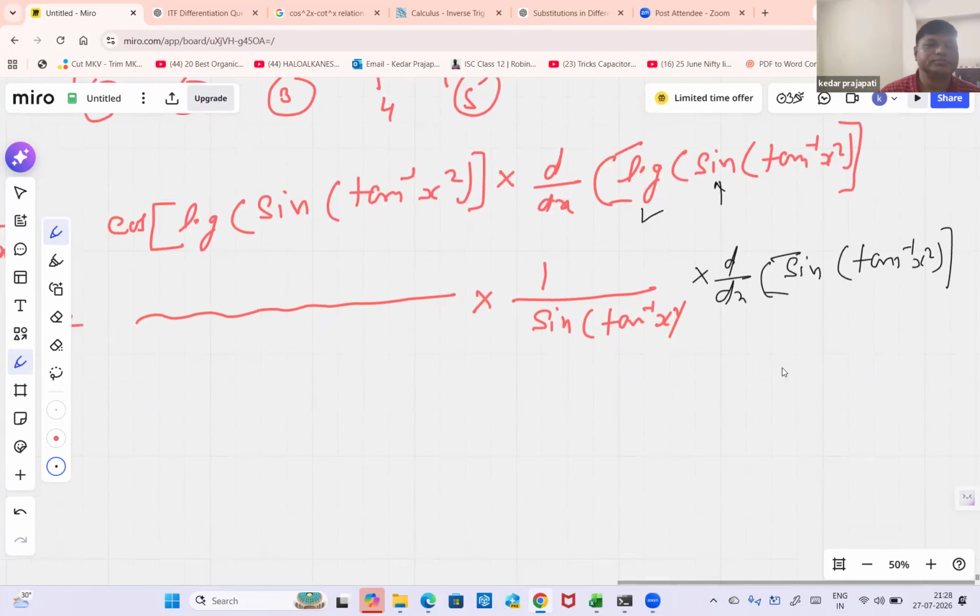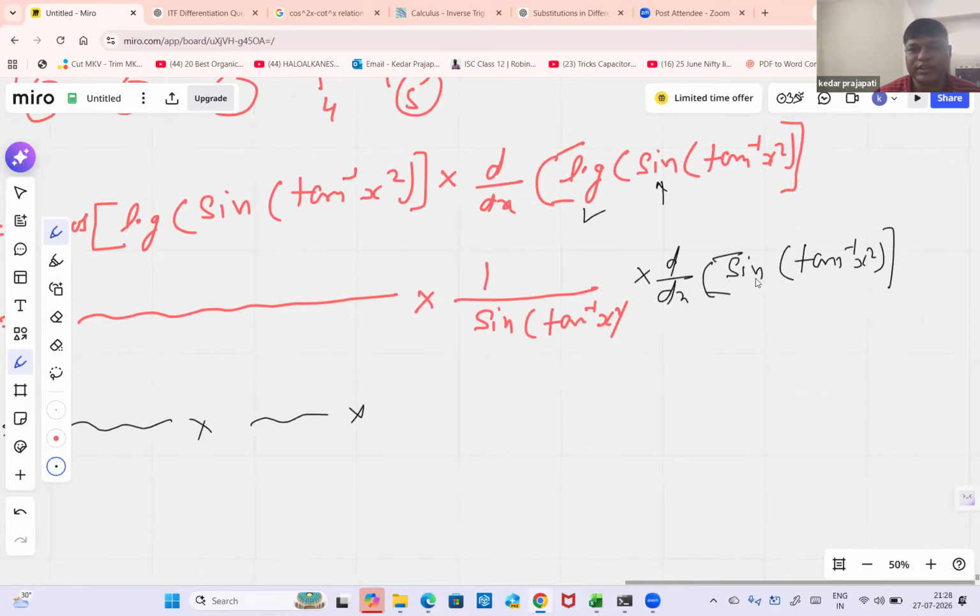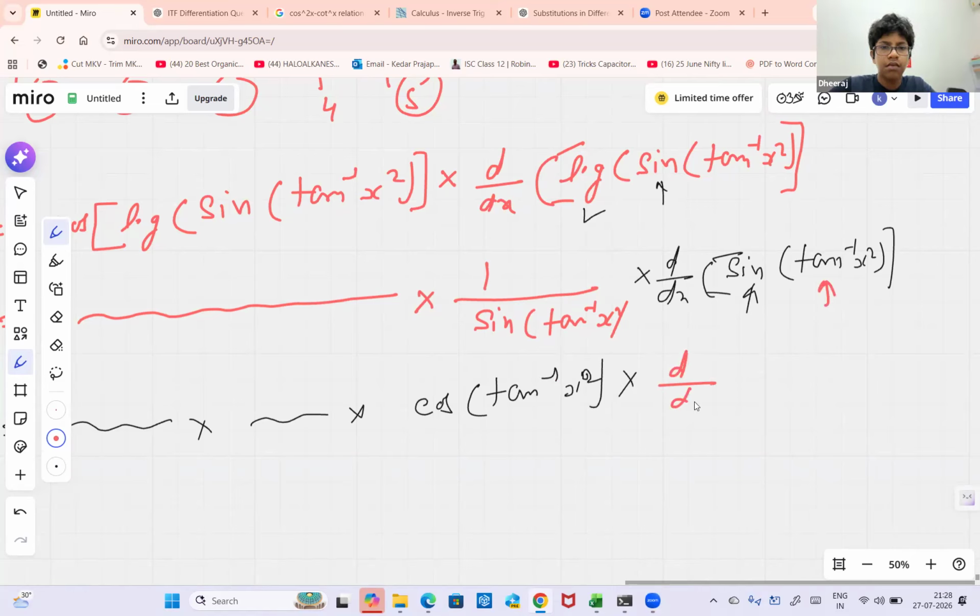Okay. So in the next step, this much is fine. This also we can write. Now sine will become cos tan inverse x square. Sine is done, we'll do for tan inverse: d by dx of tan inverse x square.